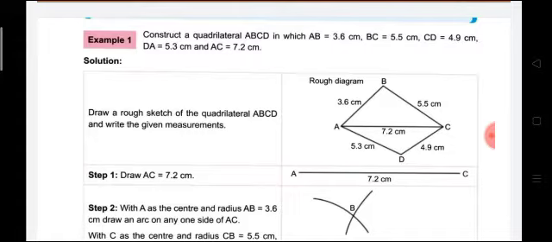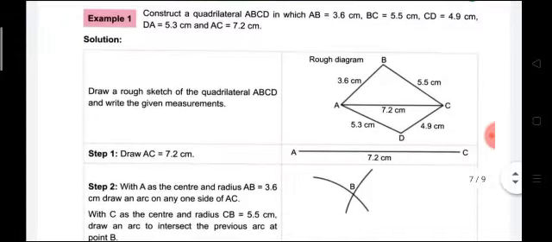The figure will look like the rough diagram mentioned here. To construct this, last year we already constructed triangles. We also know that the diagonal AC of a quadrilateral will divide the quadrilateral into 2 triangles. So we will construct by using the triangles.